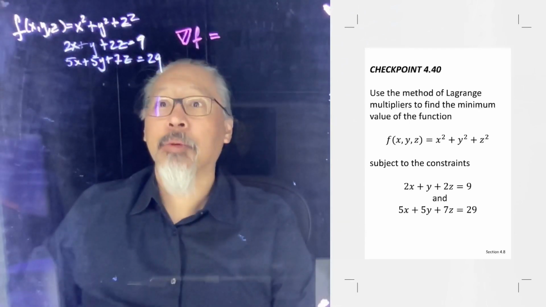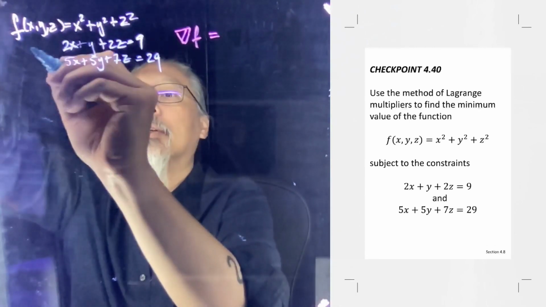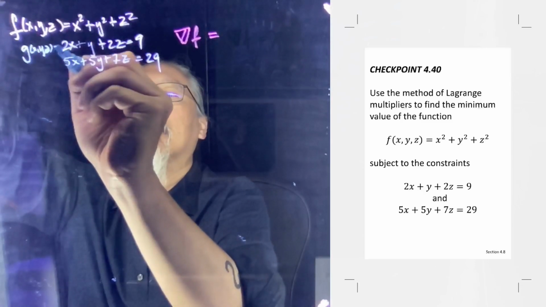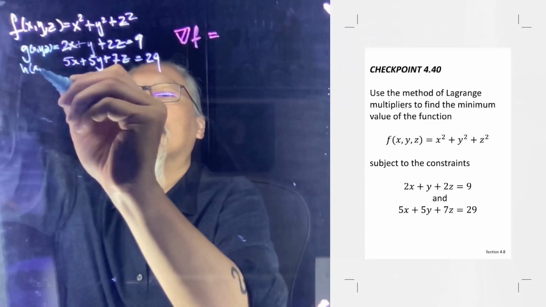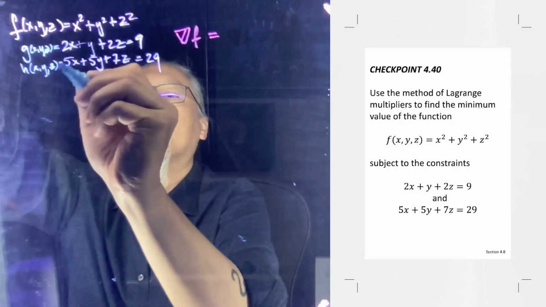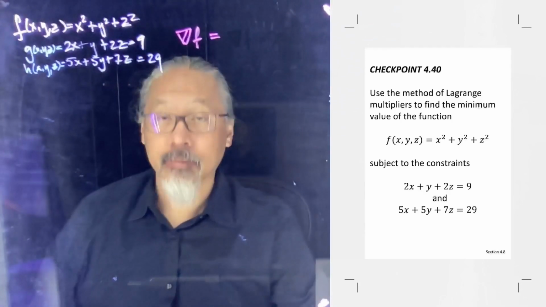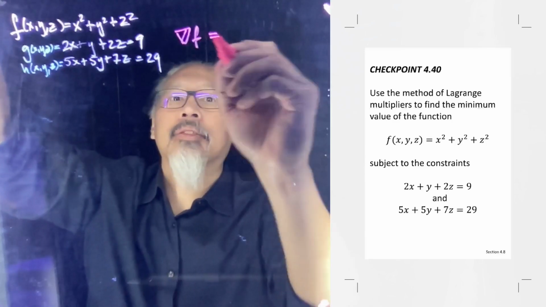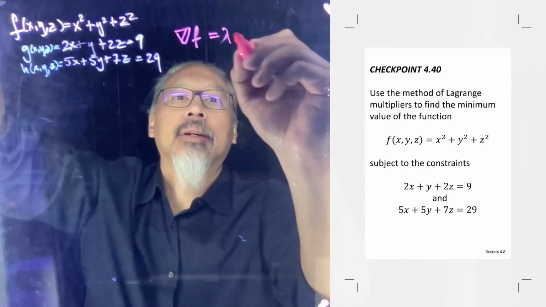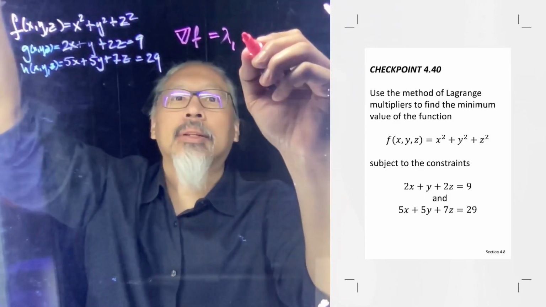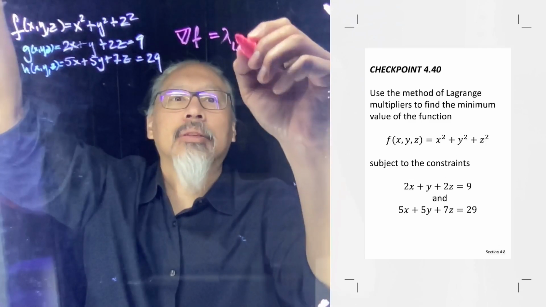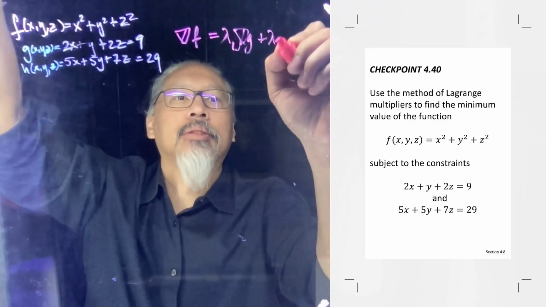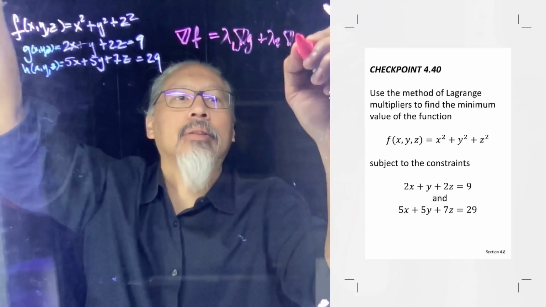So maybe we should call these functions g of x, y, z and h of x, y, z. Then we want the gradient of f to be equal to some lambda 1 times the gradient of g, plus lambda 2 times the gradient of h.